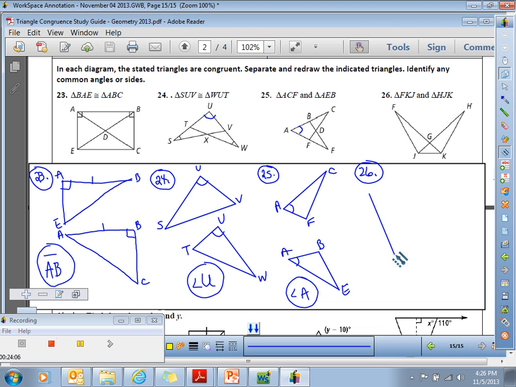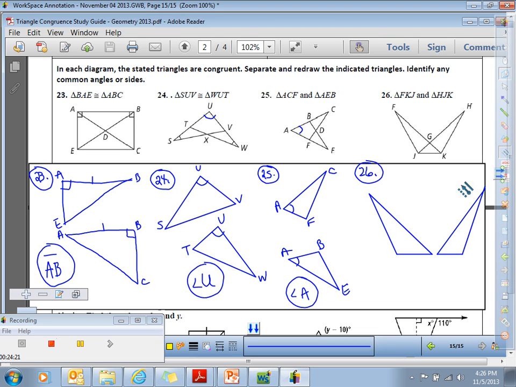FKJ. F to J, J to K, like that. And then the other one, HJK. I'm running out of room. This is F, J, K, and this will be J, K, and H. And they both share that segment JK. Those triangles.